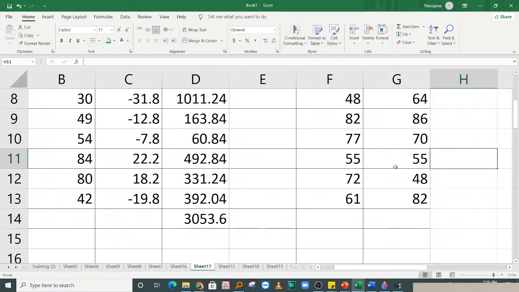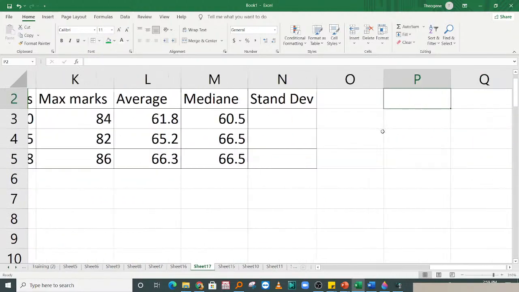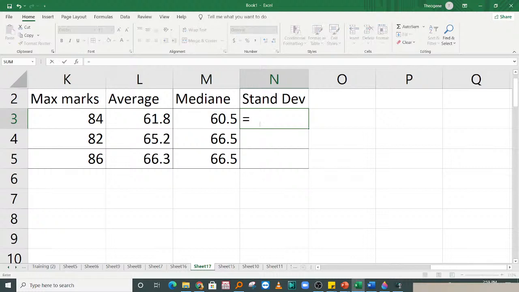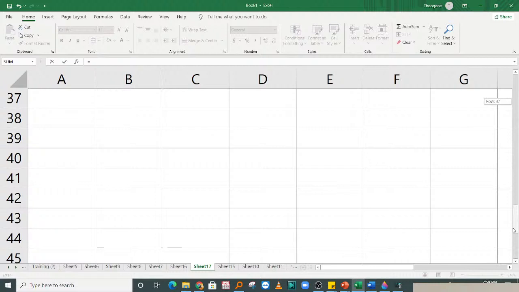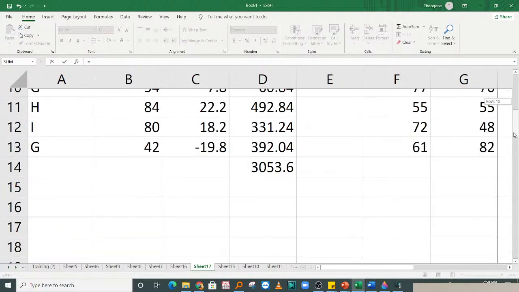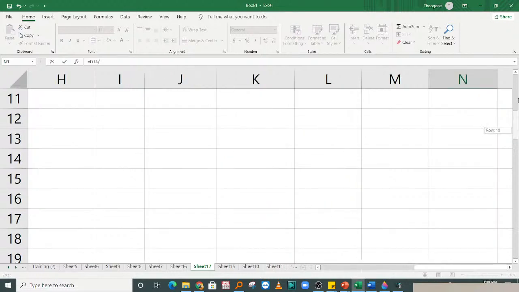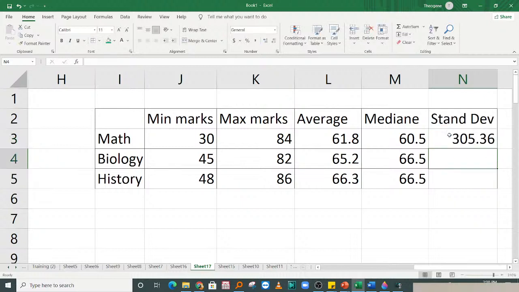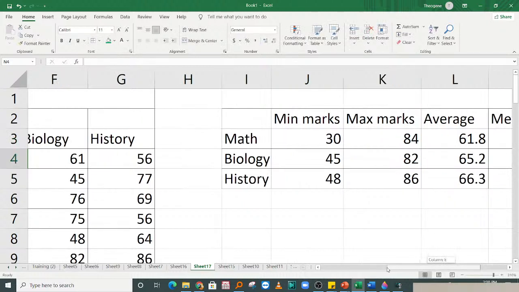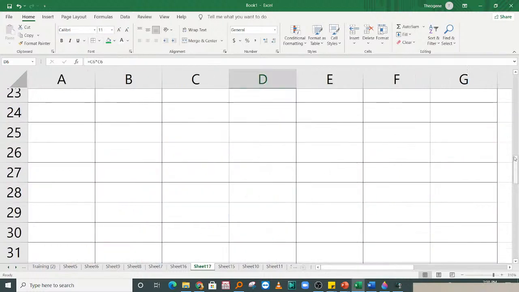To find the standard deviation in mathematics, I take this sum, then over how many students do we have? We have 10 students.